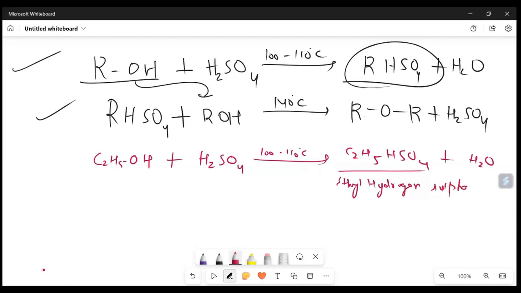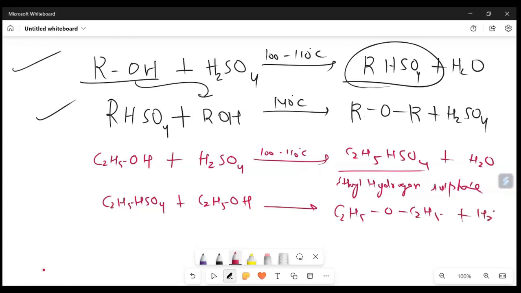Now this ethyl hydrogen sulfate, C2H5HSO4, again reacts with C2H5OH, giving C2H5OC2H5 plus H2SO4. This will be the final product, diethyl ether.